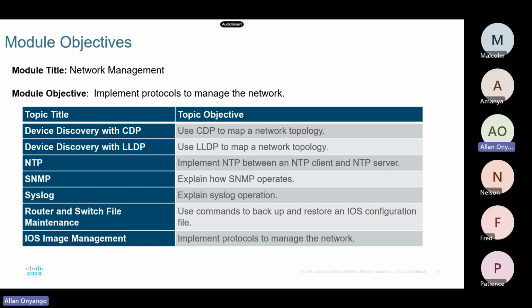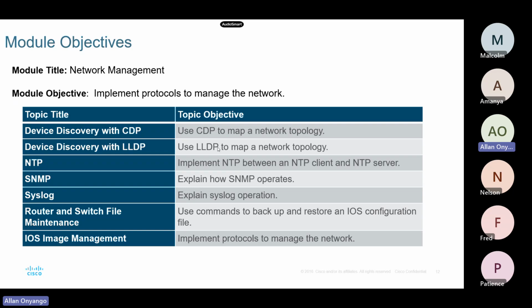We learn about a few things we might have mentioned or probably not. Protocols like CDP, which is the Cisco Discovery Protocol. We have LLDP, which is the Link Layer Discovery Protocol. We have NTP, which is Network Time Protocol. We have SNMP, which is the Simple Network Management Protocol. We have the Syslog services.